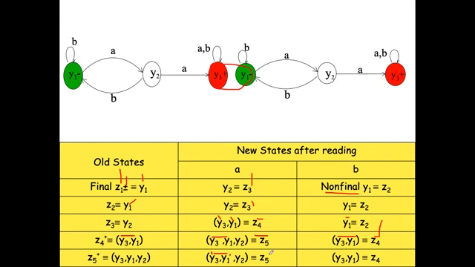So this is Z5. Now Y3 reading B, we go to Y3, Y1. Y1 reading B, we go to Y3, Y1. And Y2 reading B, we go to Y3, Y1. So this is same as Z4.